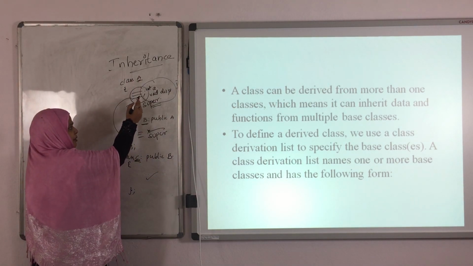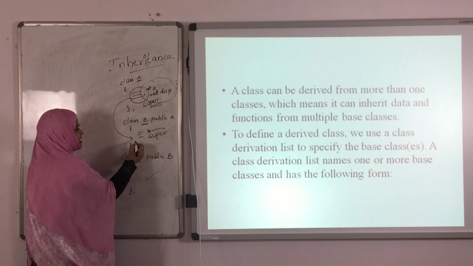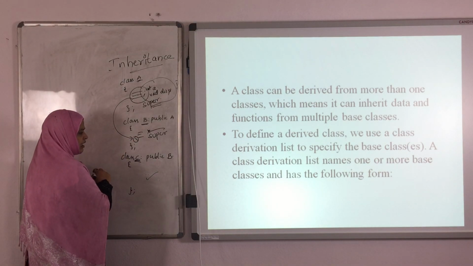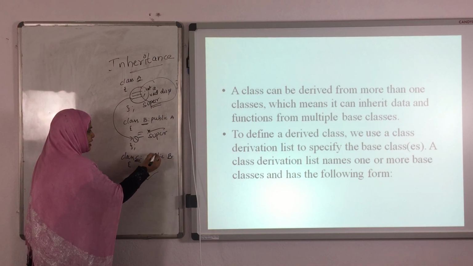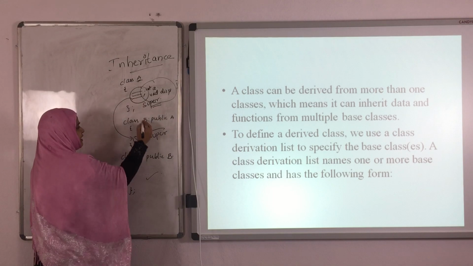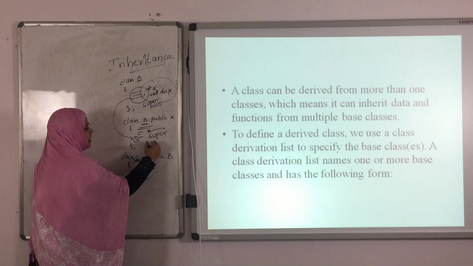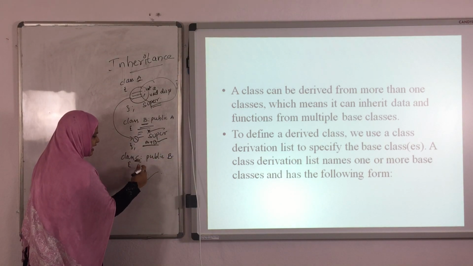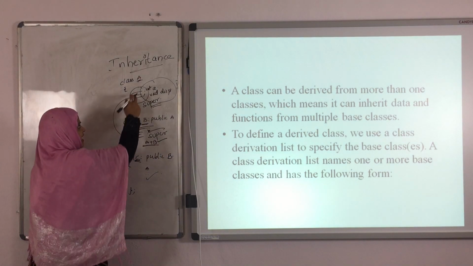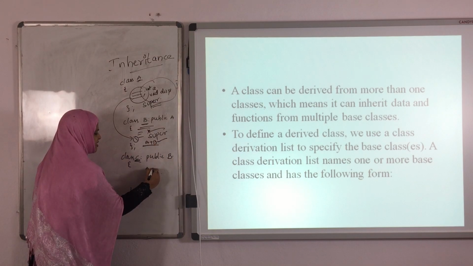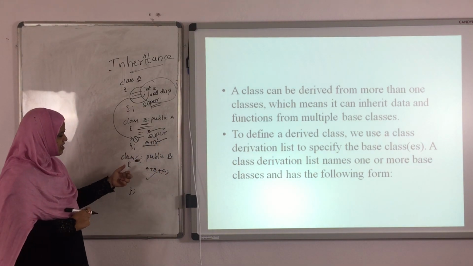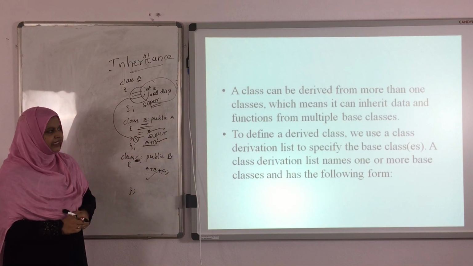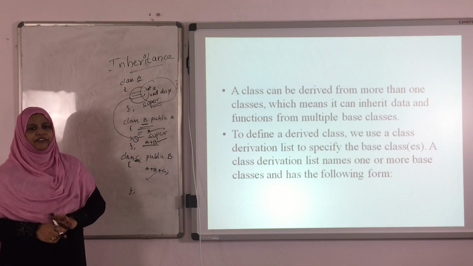Whatever data members and member functions are present in class A are going to be present in class B. Right? Whatever data members and member functions are present in class B are going to be present here. So in class C, we have the data members of class A as well as class B, and then we also declare some data members and member functions in C. This is the concept of inheritance.